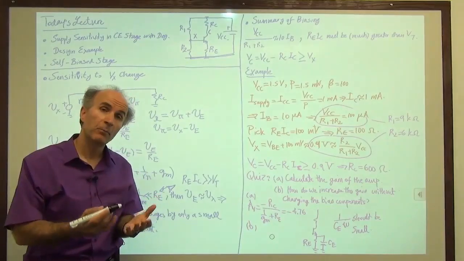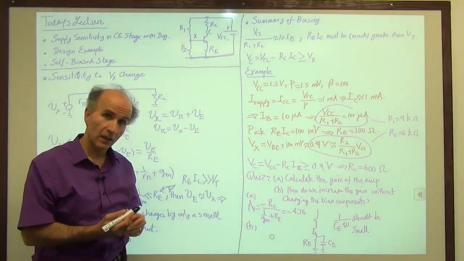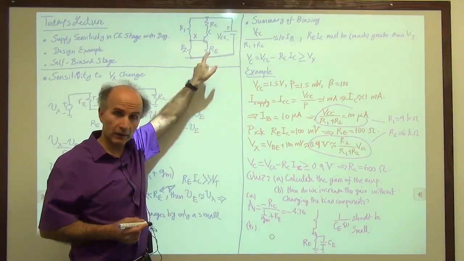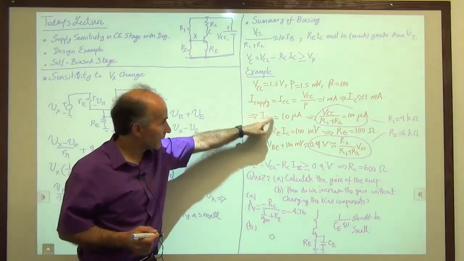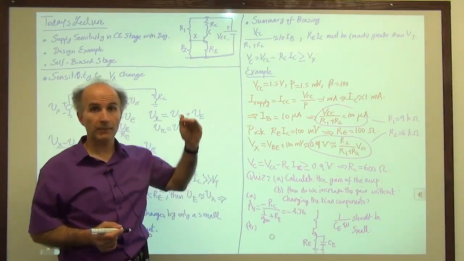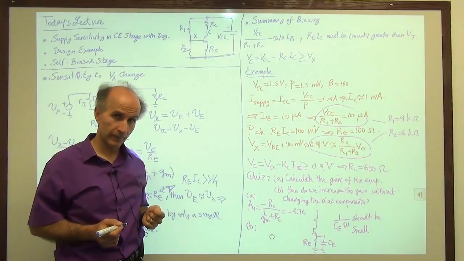Do we have better, meaning lower, supply sensitivity than before, when we had no resistor here at all? Because we have some numbers, we should be able to calculate what happens to the collector current if the supply goes up by 5%.